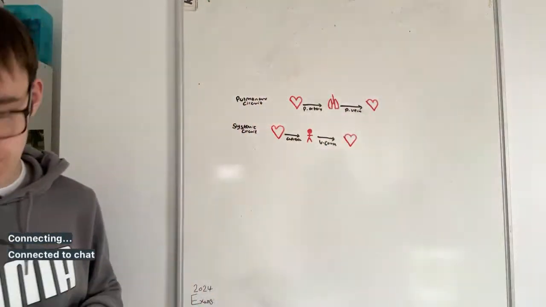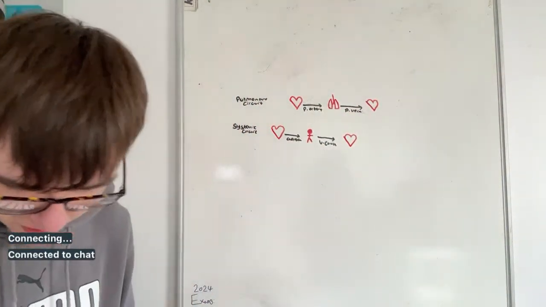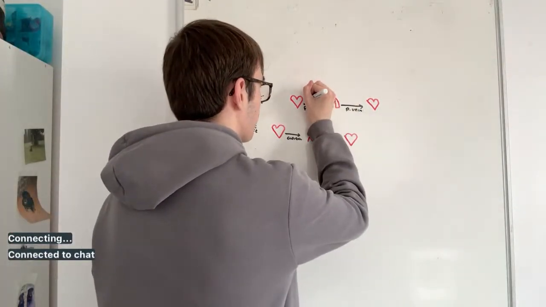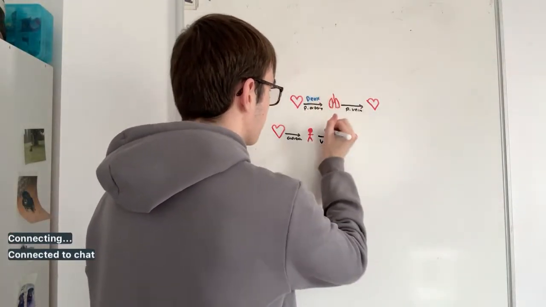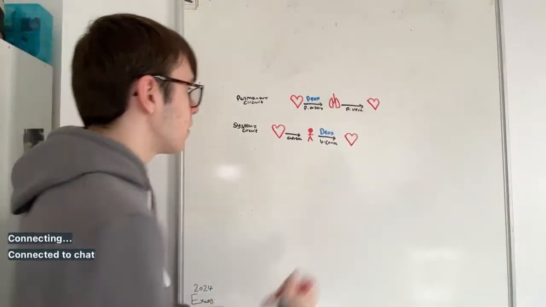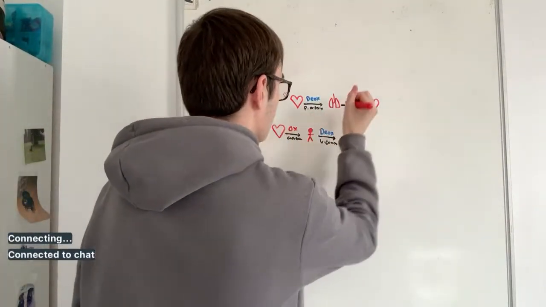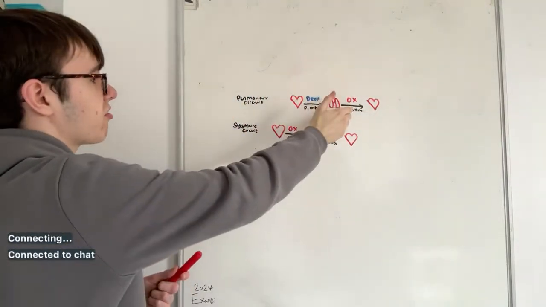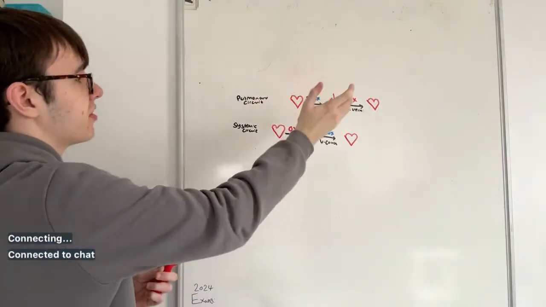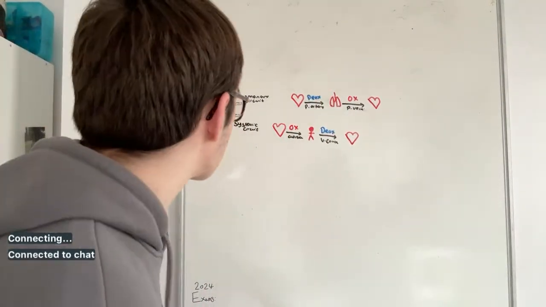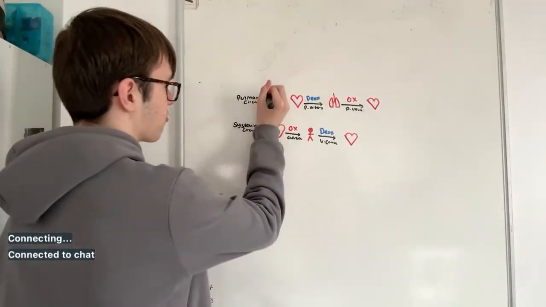You know why? It's because these blood vessels do a lot, and it's kind of complex. So, there you go. Deoxygenated, oxygenated, oxygenated, deoxygenated. There you go. That's the systemic circuit and the pulmonary circuit.